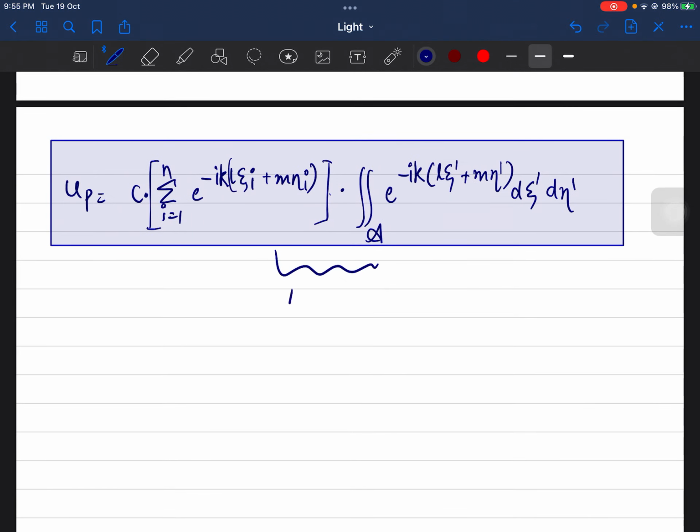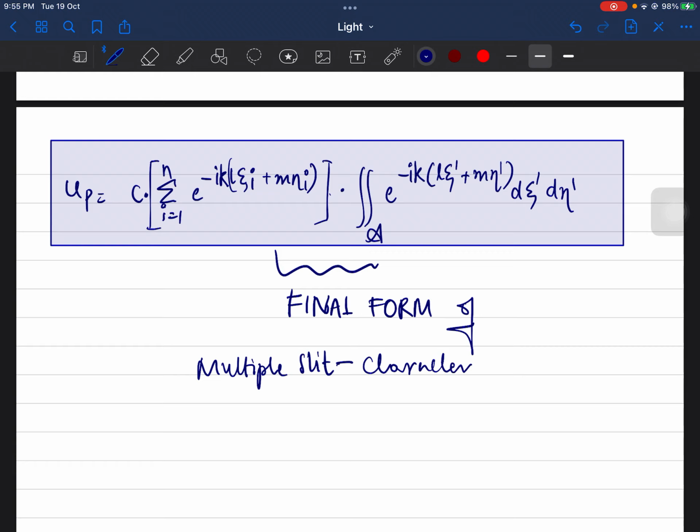This is the final form of the multiple slit diffraction characteristic.